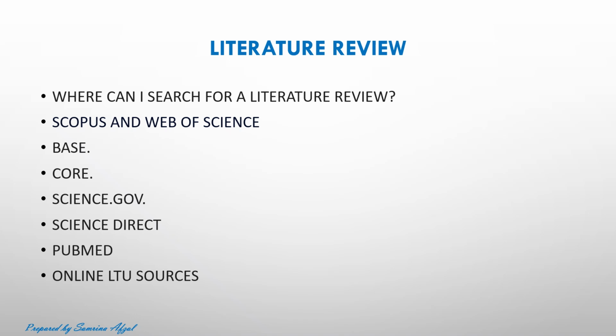They can also find literature by searching on ScienceDirect or PubMed. And finally, they can also find data related to their specific given topic for writing the literature review by searching the online LTU sources.